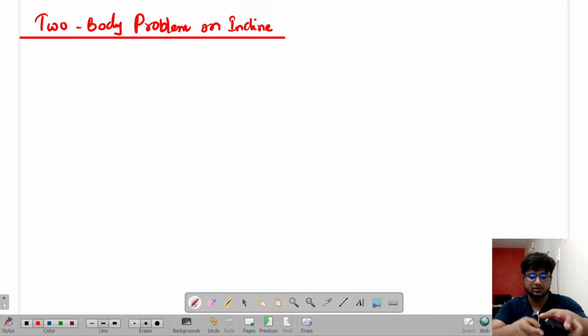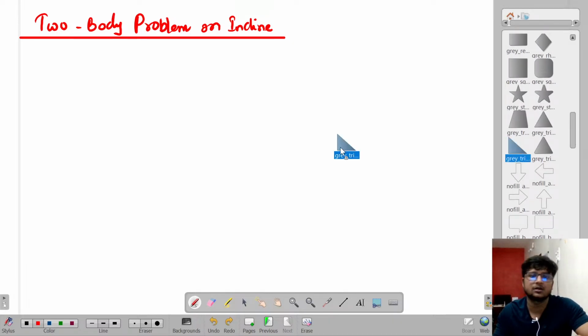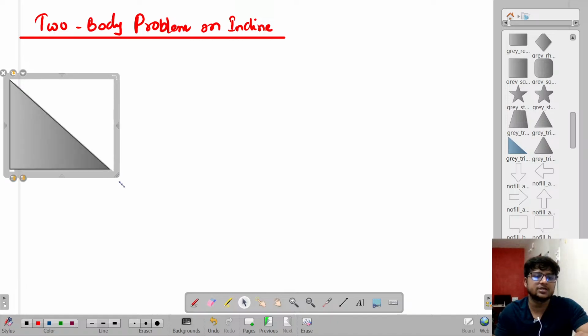One minute. Okay, so a two body problem on an inclined plane. Let's suppose I consider an inclined plane. Can you understand this or not?